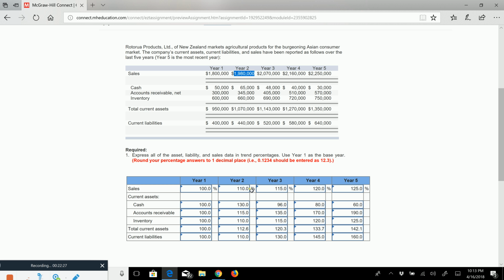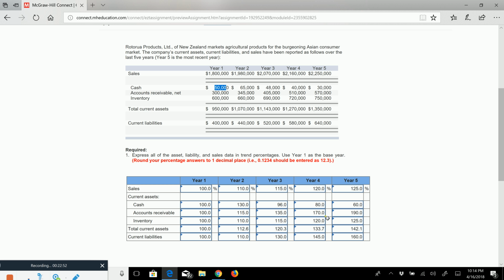Every year your sales are going up. Cash is bouncing around: 100, 130%, 96, 80, 60. Our cash balances are actually going down significantly. By the time we get to year three, you can see it's only 60% of year one. That could just be a timing difference, or that could be a negative trend. We would need to analyze that.